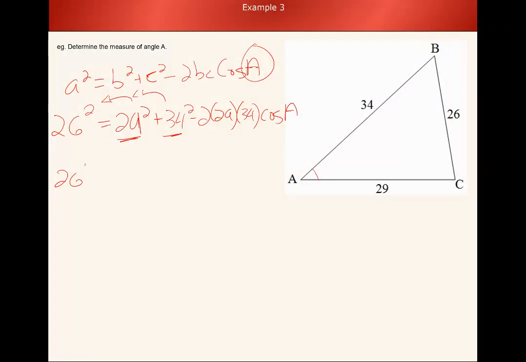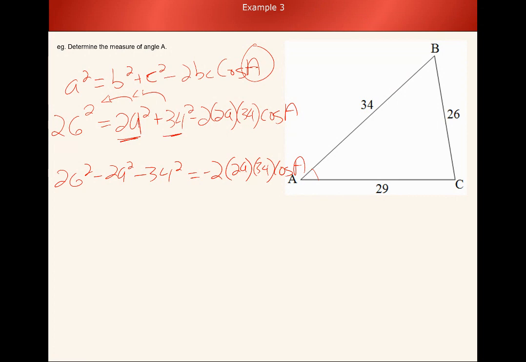So it's going to be 26 squared minus 29 squared minus 34 squared equals negative 2 times 29 times 34 times cos A. So I just moved the 29 squared and the 34 squared over.